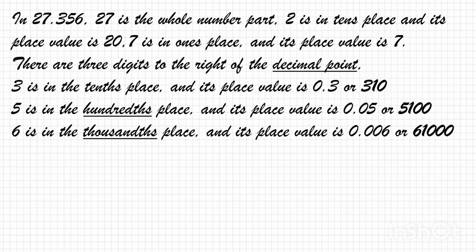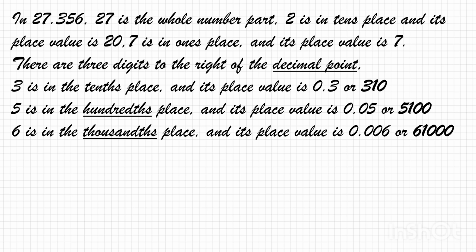In 27.356, 27 is the whole number part. 2 is in tens place and its place value is 20. 7 is in ones place and its place value is 7.